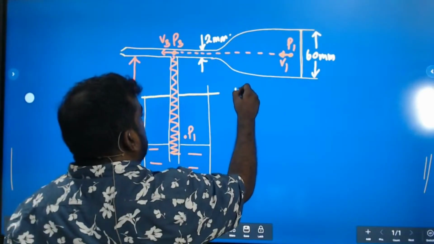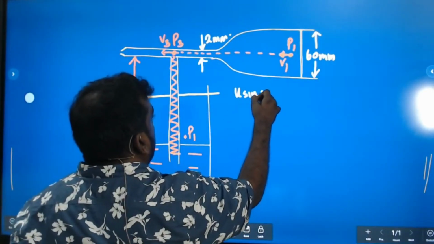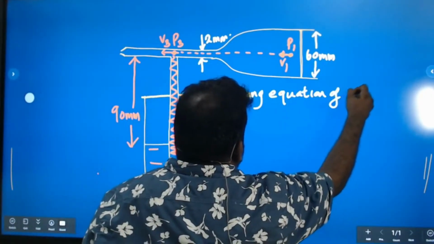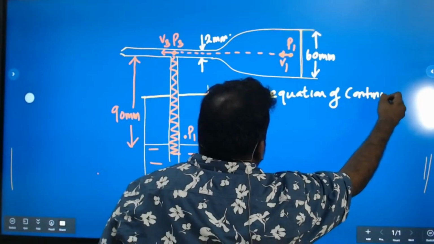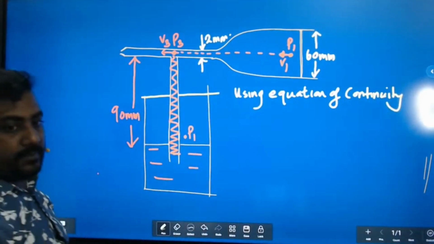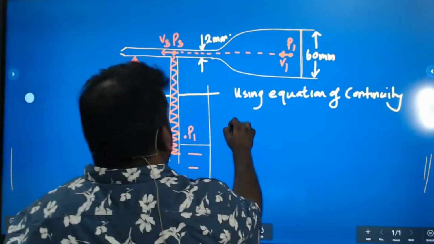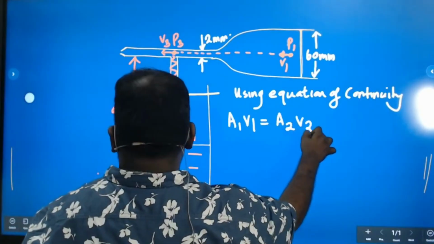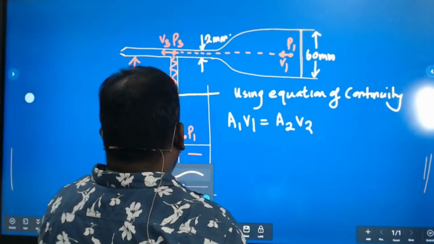Apply the equation of continuity. Here we can say A1 V1 equals A2 V2.